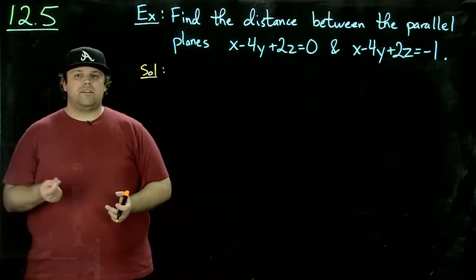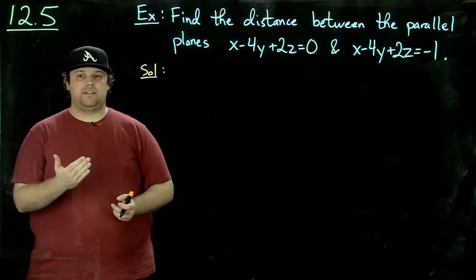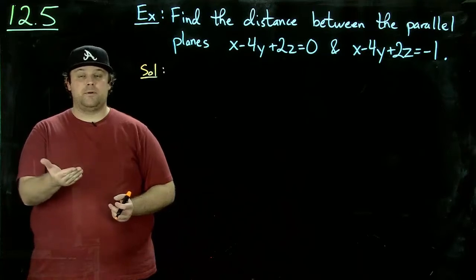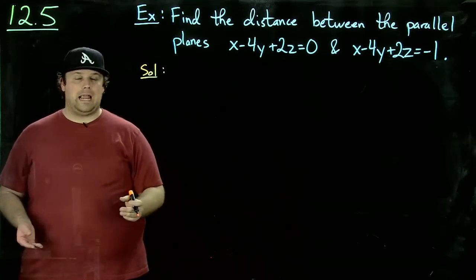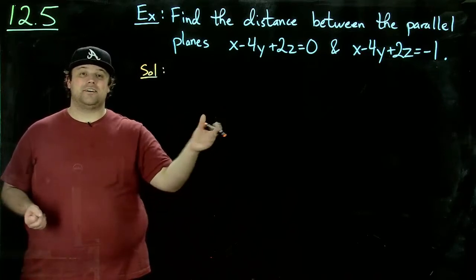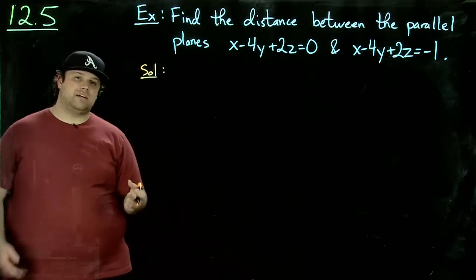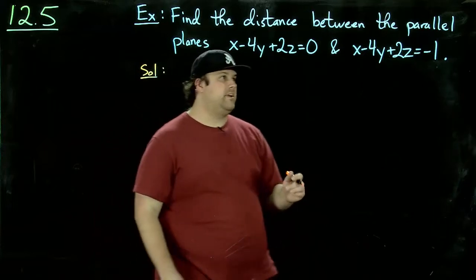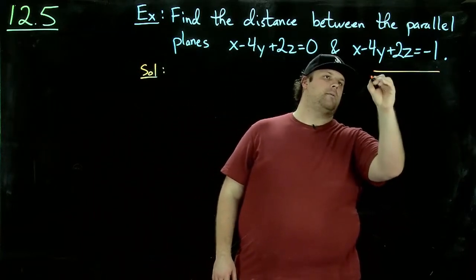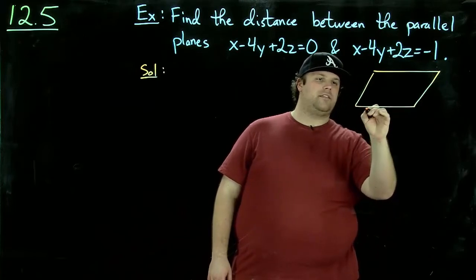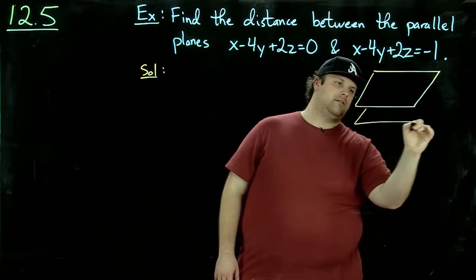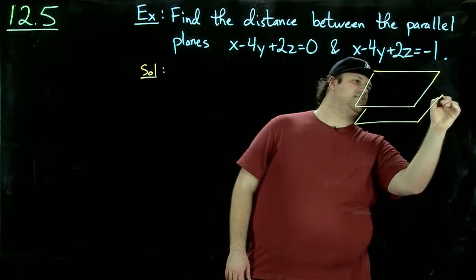So we know how to find the distance between a plane and a point. Let's figure out how we can use that to solve this problem. Think about this. We have two planes, one here and another one parallel, stuck underneath. Keep that one solid.